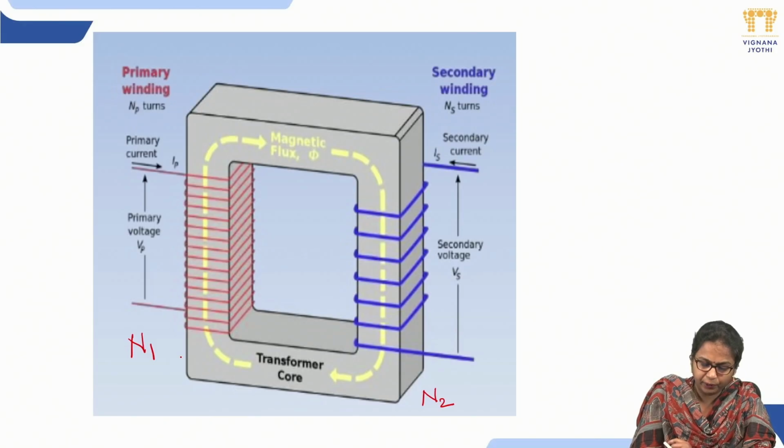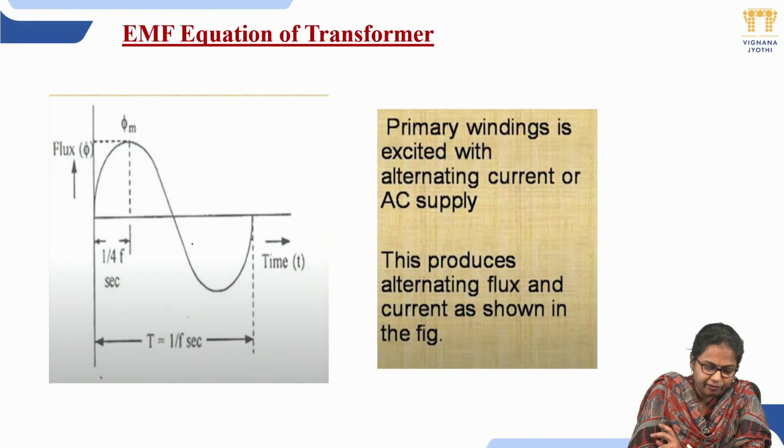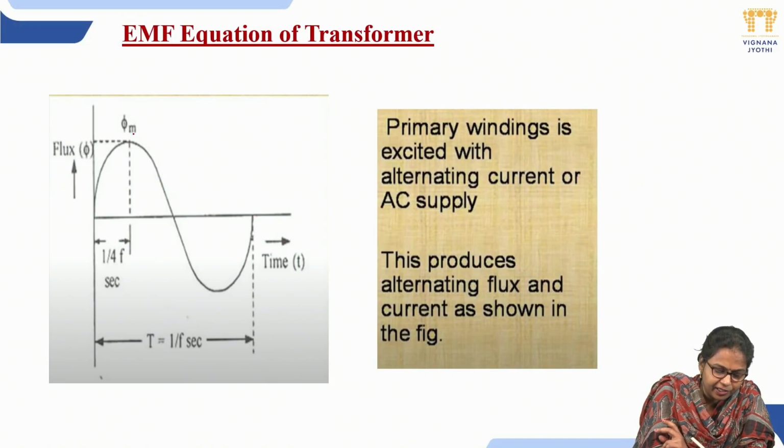So N1, N2. Initially, when electrical input is given to the primary of our transformer, alternating current starts flowing through the primary, and then flux gets established, and that flux is also alternating. This alternating flux is sinusoidal in shape and reaches its maximum at a quarter of its cycle.